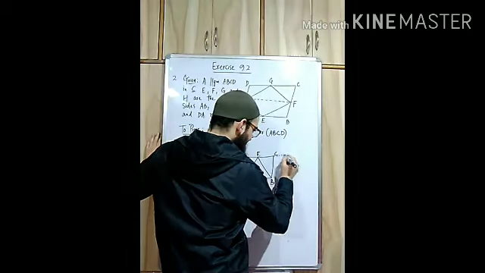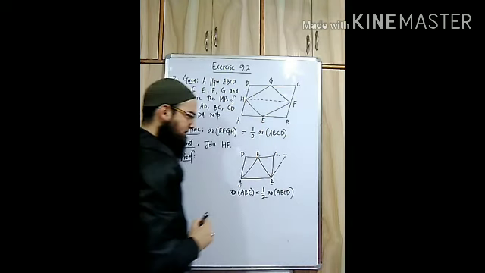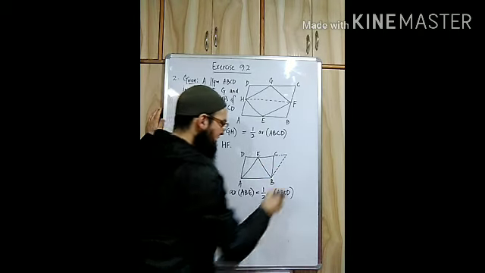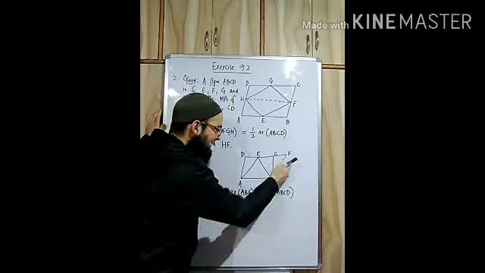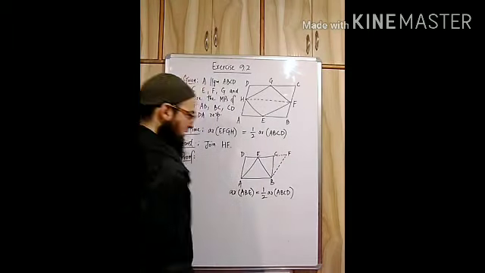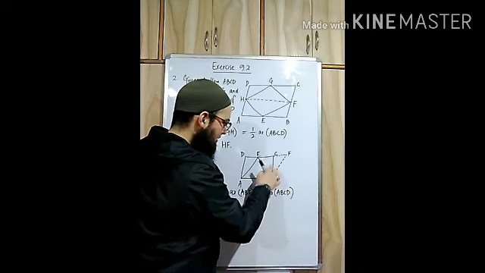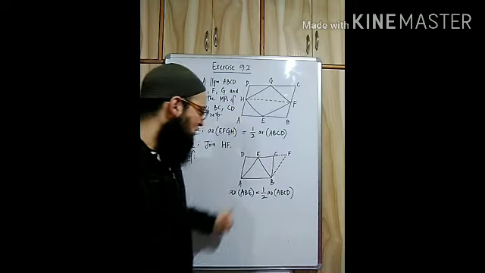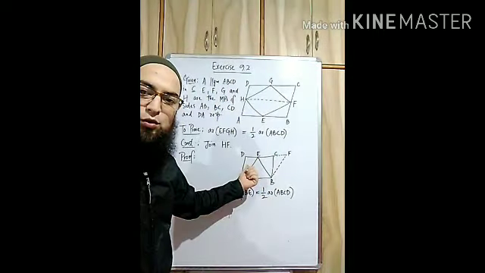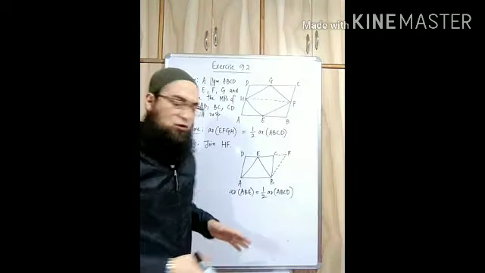See the construction like this. Make a parallelogram out of it. Say this is F. Now ABFE is also a parallelogram. Then make this one a parallelogram out of it.